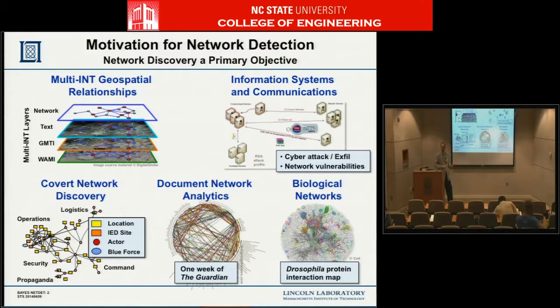And as we know from the news, there are security aspects, and finding a network of interest within computer networks is an important problem. This also arises in text analytics and even in biological networks. There's a lot of very recent work in figuring out protein interaction maps for various organisms. This one was published recently, and the subnetwork is figuring out basically what the protein in DNA does.